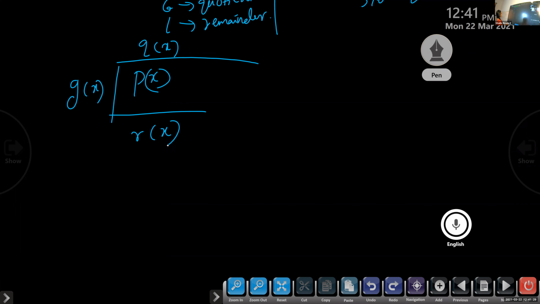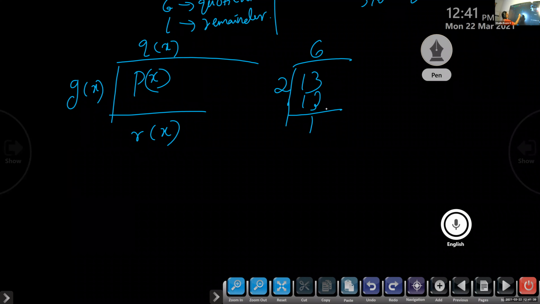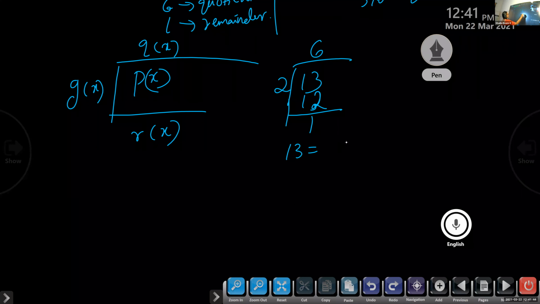Then, if it is 13, what will we write? Remainder 1. So 13 equals 2 into 6 plus 1.